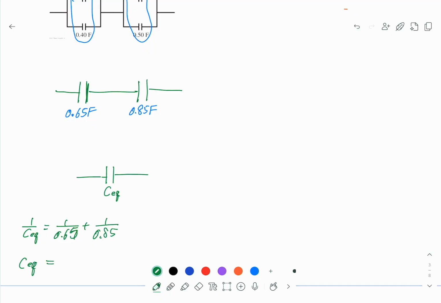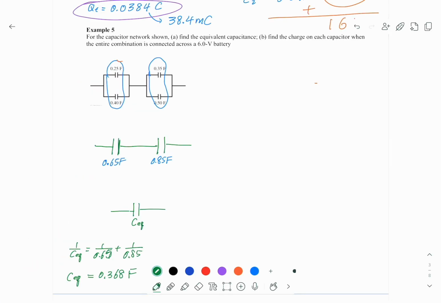CEQ is equal to 0.368 farad. Next, we want to find the charge on each capacitor when the entire combination is connected across a 6-volt battery. So let's do it one by one.